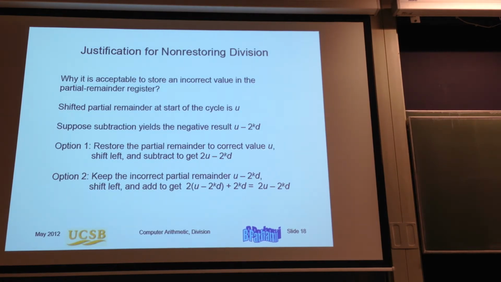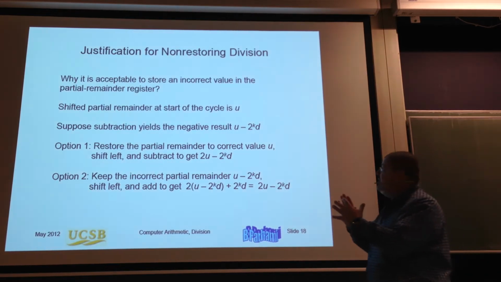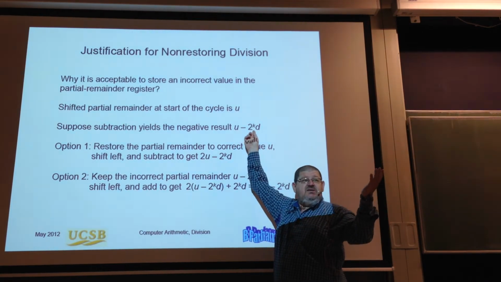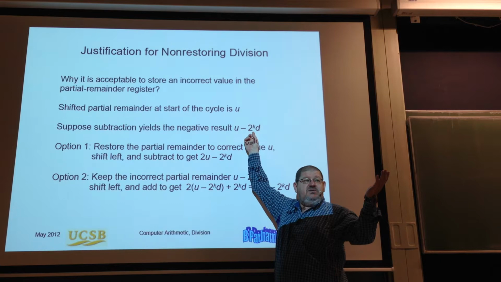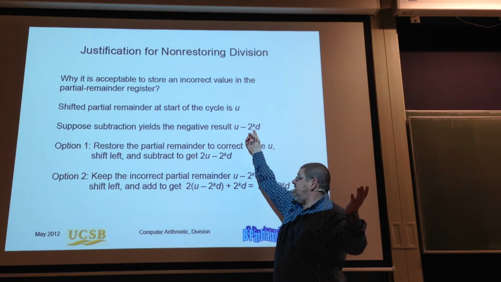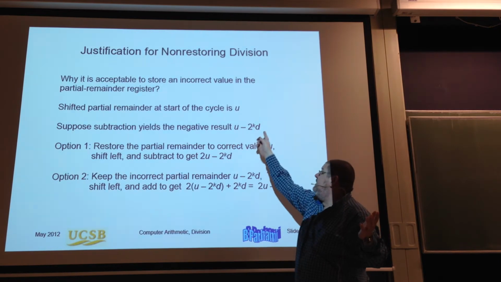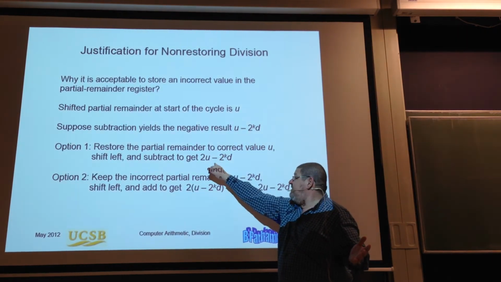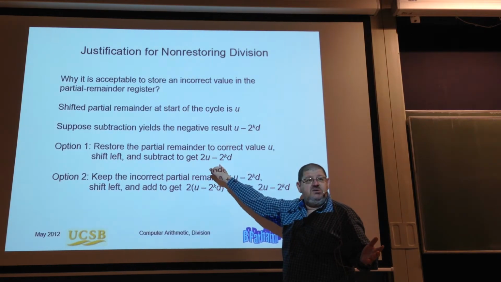And this has a simple justification. Then, if I am doing a subtraction which gives me a negative result, this is the previous partial remainder, and this is what I subtracted in this iteration. This is negative. What I can do is restore, then take again this, shift it, and do this calculation.